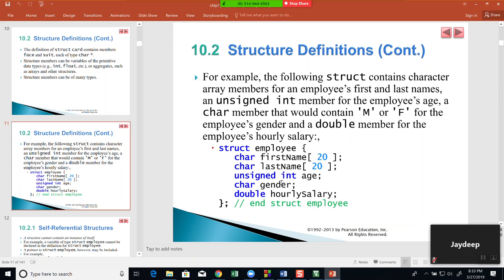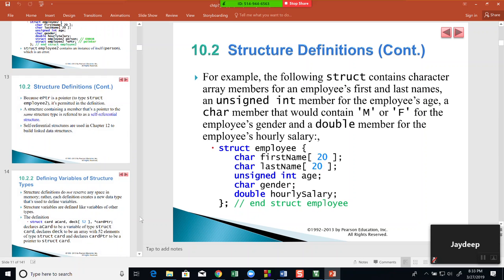Here's a more full example. Struct employee, and then you got char first name 20, char last name 20, unsigned int age, char gender, double hourly salary, and then you end the structure.